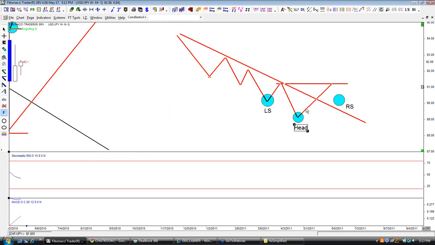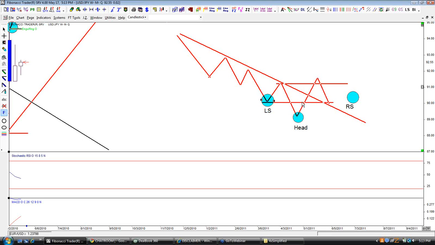Once we have the trend line broken, we have a high near the previous high or maybe higher. And the next thing is that price is going to retest that left shoulder. And a lot of times we'll actually see price hit the backside of this trend line near the left shoulder level.